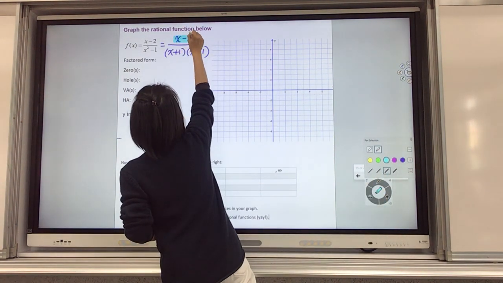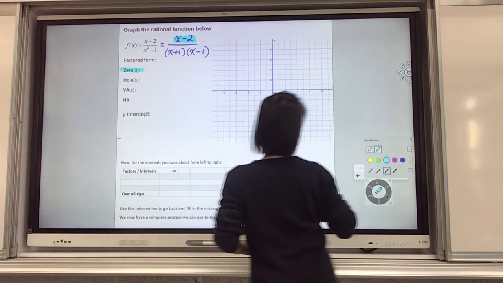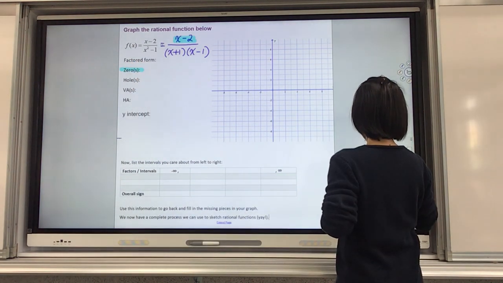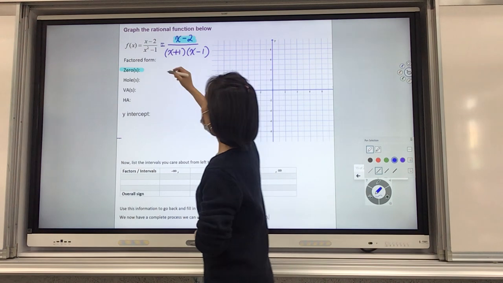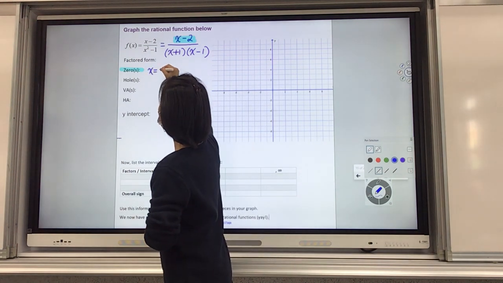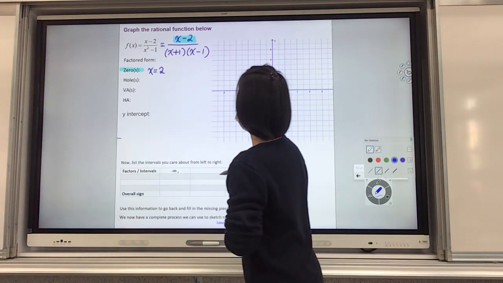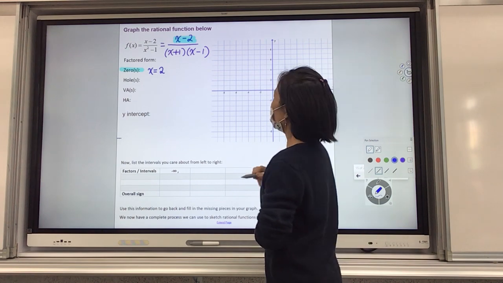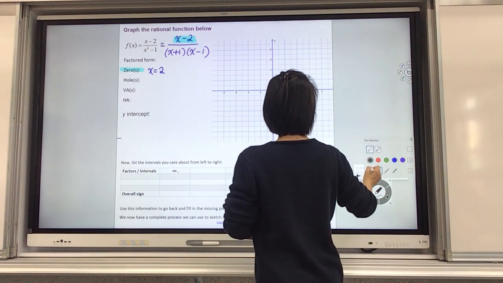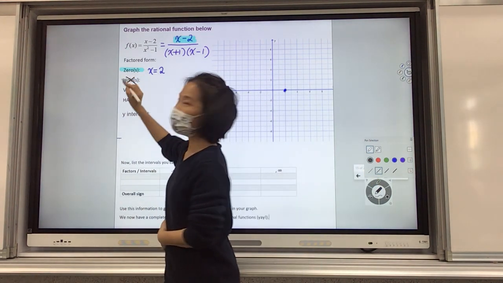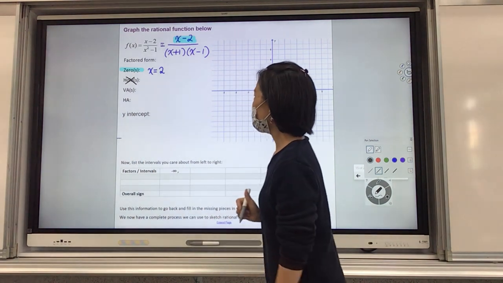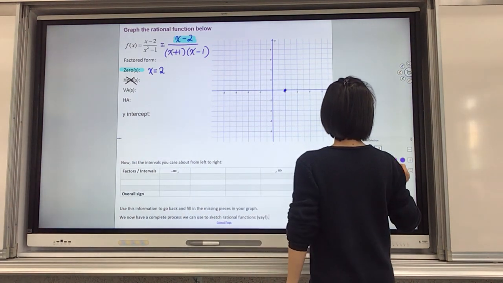Zeros, look at the top. What is my zero? x equal to 2. Right here, 2. Holes, no holes. There's no common factor to be canceled. Vertical asymptote?